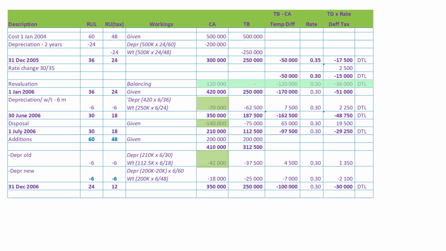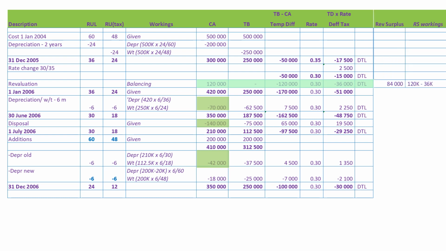Now that we've identified the parts of the carrying amount that are impacted by your reval surplus, the next step is to calculate your revaluation surplus balance as well as movements from point to point. Looking at the first line, your carrying amount is 120, meaning your reval surplus is 120, deferred tax on the reval surplus is 36, thus your reval surplus starts off at 84,000, being 120 less 36,000.